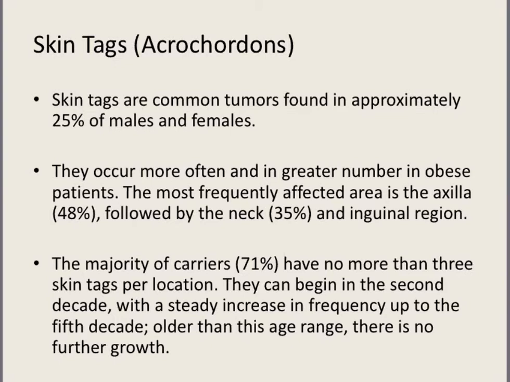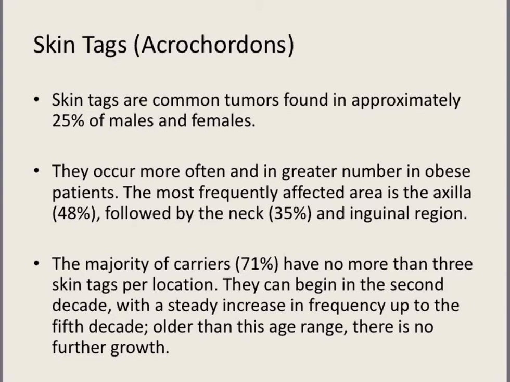Okay, the most commonly affected areas are the axilla, around the neck, and the inguinal region, also between the thighs. Popliteal fossa, I have seen a skin tag in the popliteal fossa, and even on the face also.